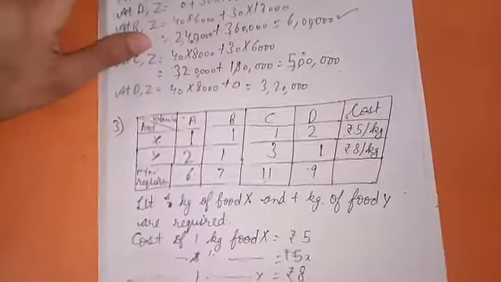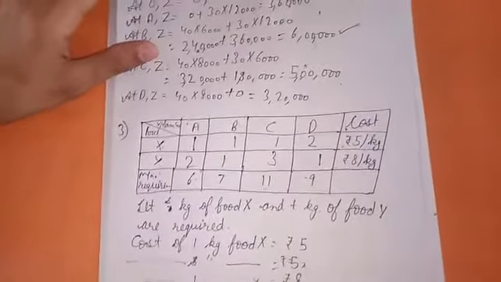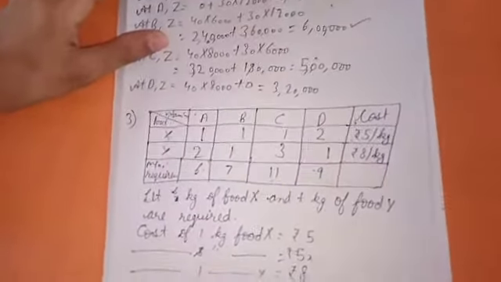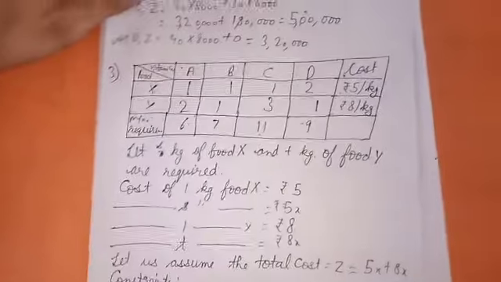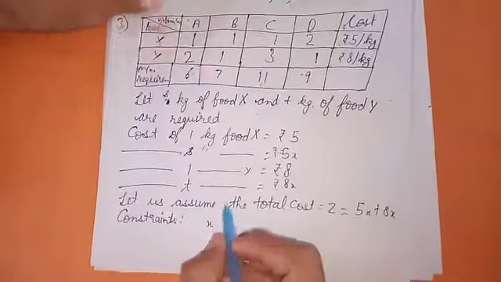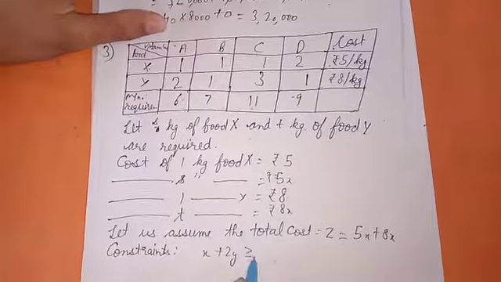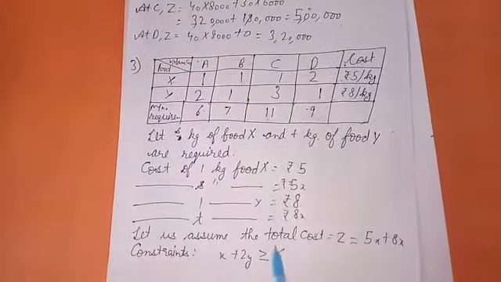So what we will say is that the total units of vitamin A that we will get is S plus 2T. That will be greater than or equal to 6. Why did we use greater than here?